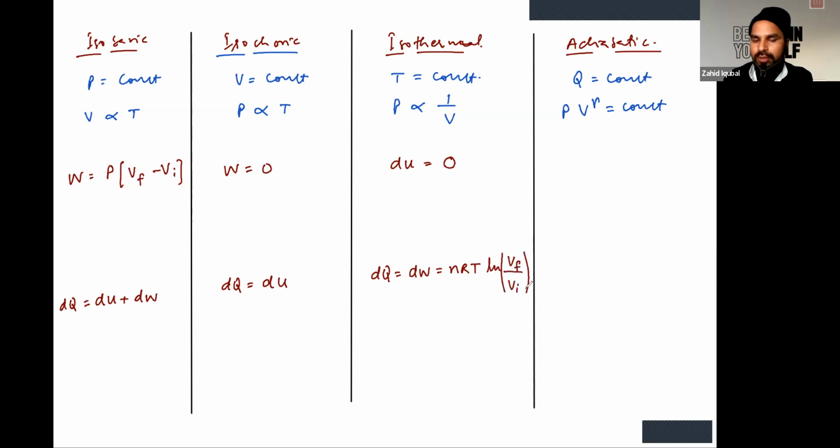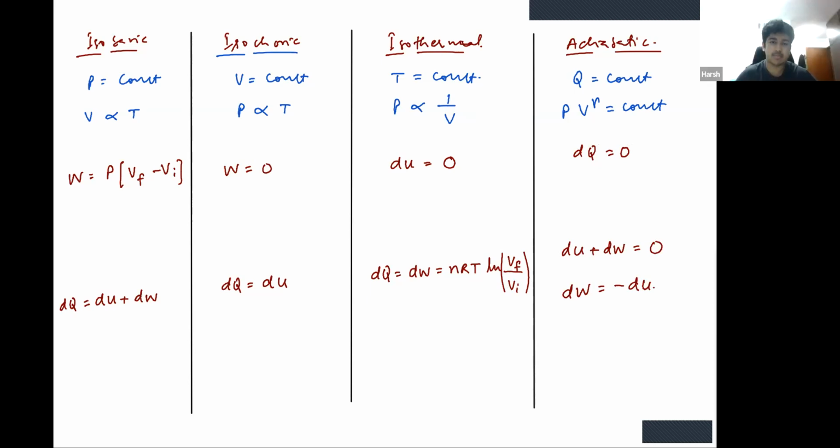For the adiabatic part, dq equals 0, so according to the first law du plus dw equals 0, and work done will be equal to minus the change in internal energy. Is it clear? Yes, sir. So these are the different processes and these are the different terms you will be asked to calculate. First, write down these different parts.